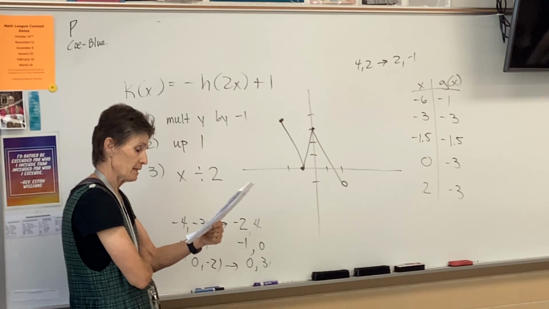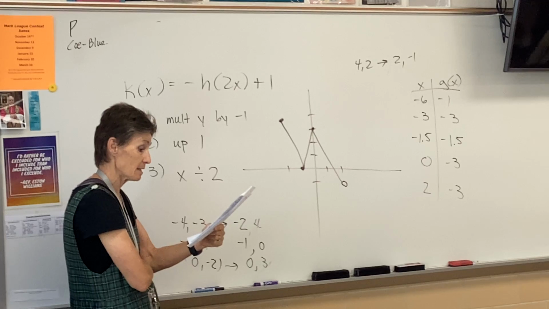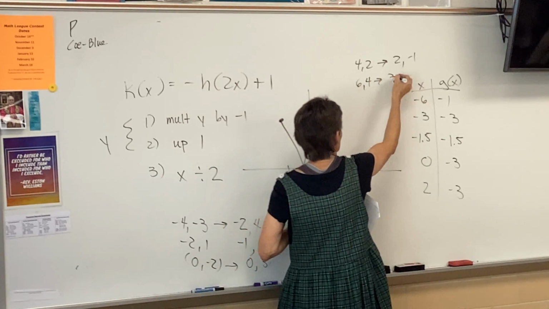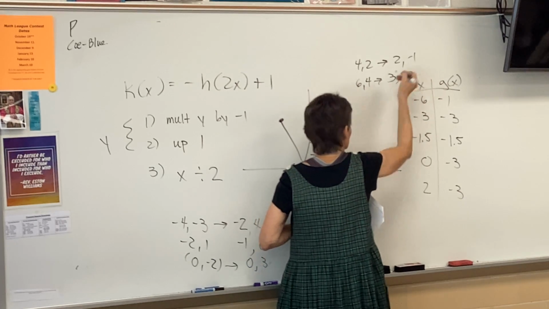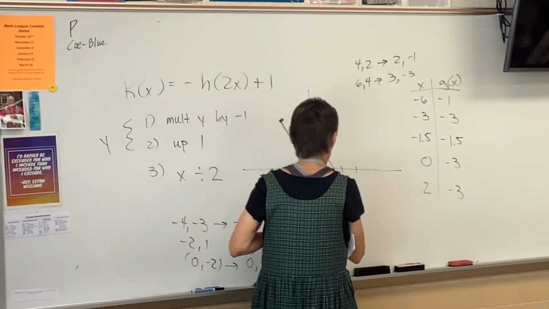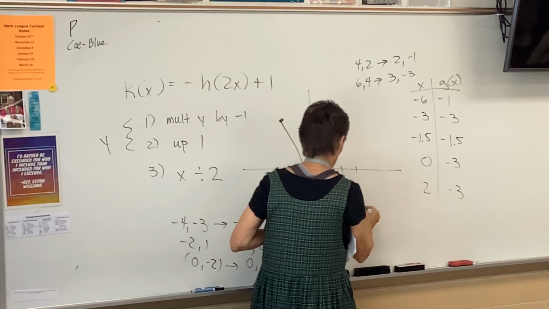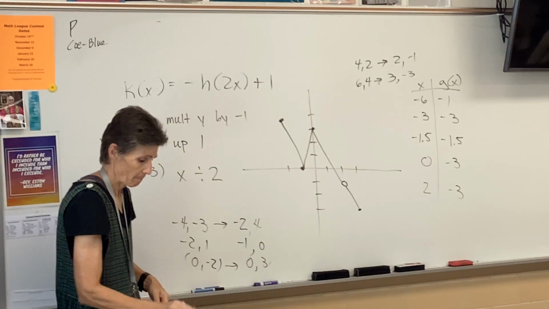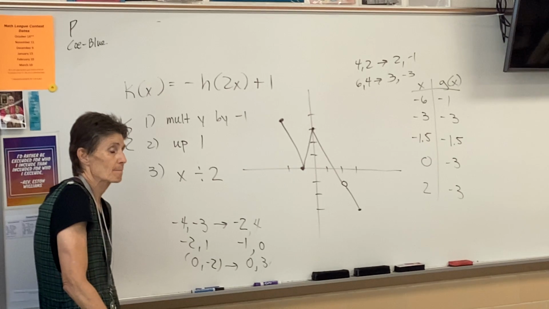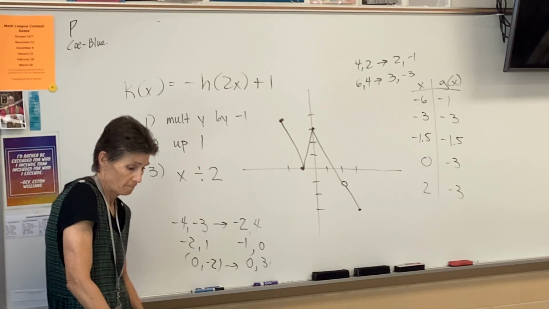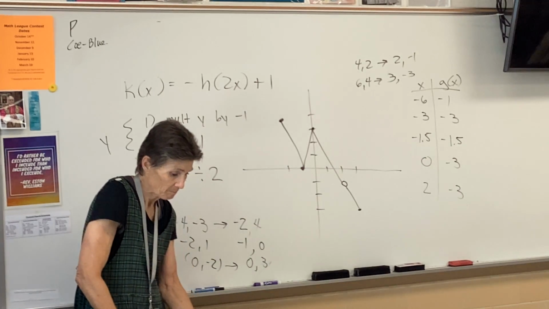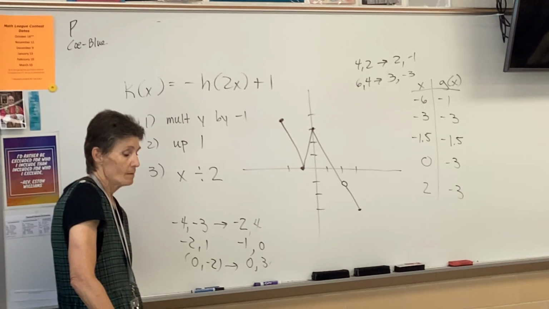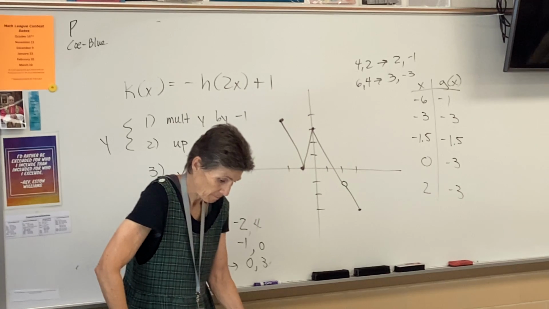And then I'm finally gonna end at 6, 4, which will be 3, -3. What do you think about that? Good? All right, example 5.